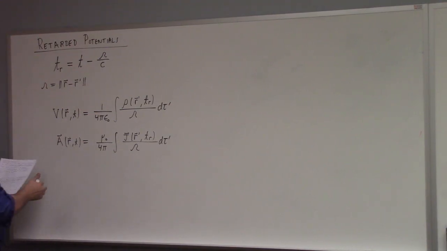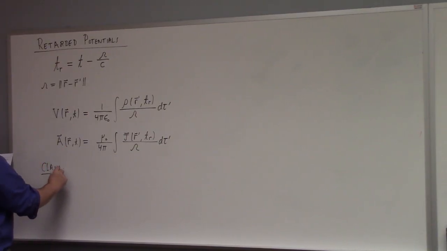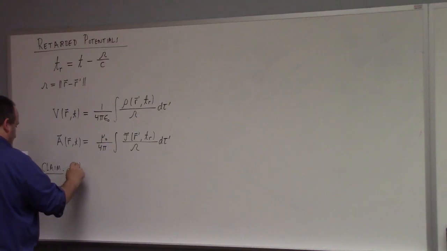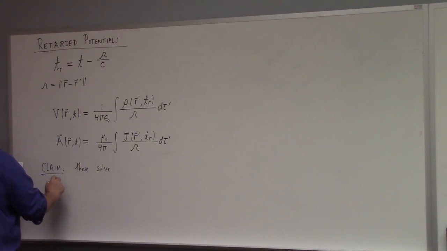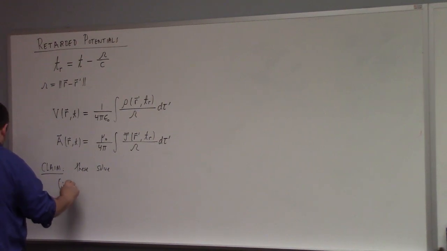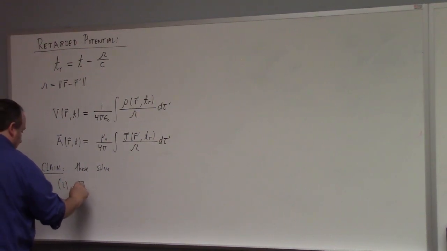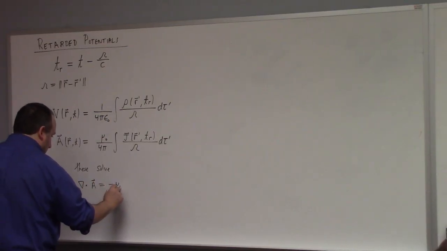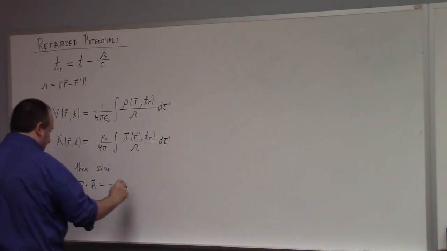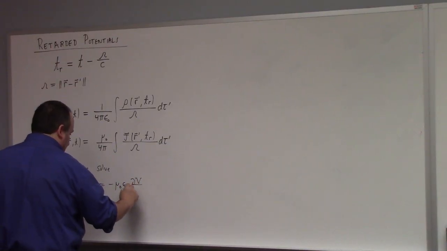So the claim is this. These solve, number one, the Lorentz gauge condition. This I will not show in class, not today anyway. It's a homework problem. I wonder if I assigned it. It looks like a pretty feisty problem.